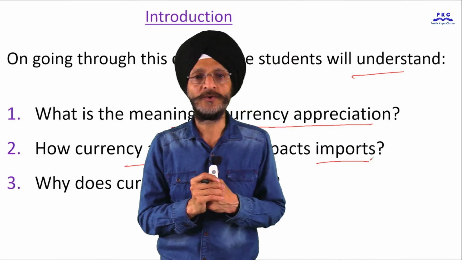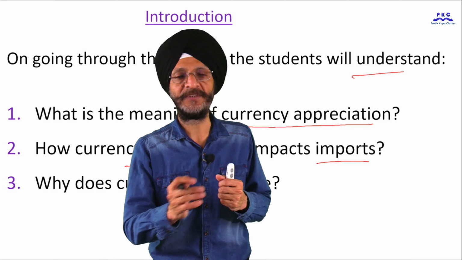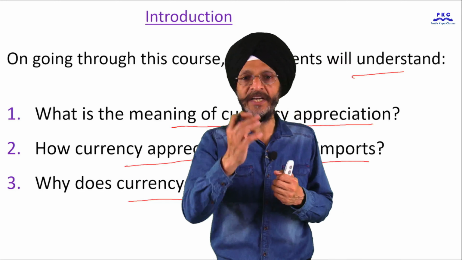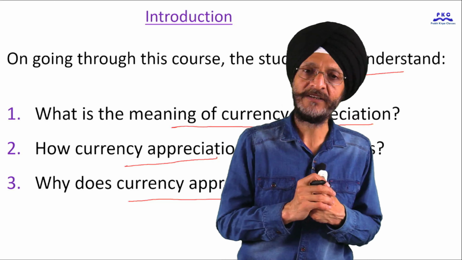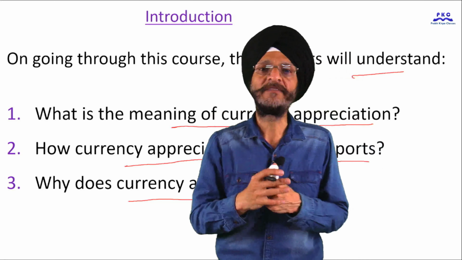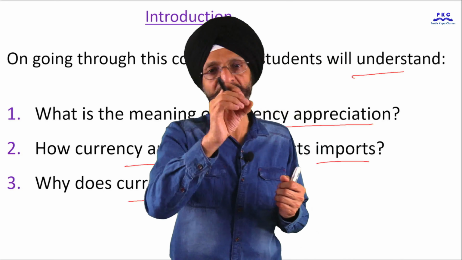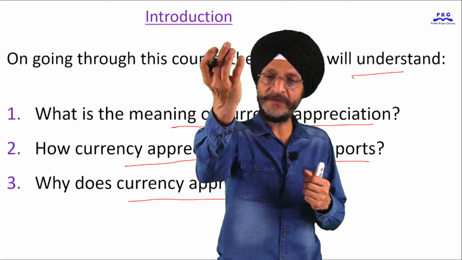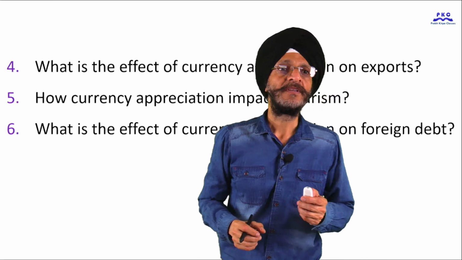The students will also understand that there are many reasons for the currency appreciation in a particular country. It may be high GDP growth, trade surplus position of that country, then speculative activity, and there may be higher interest rates in that country which are attracting the foreign investors towards that country.